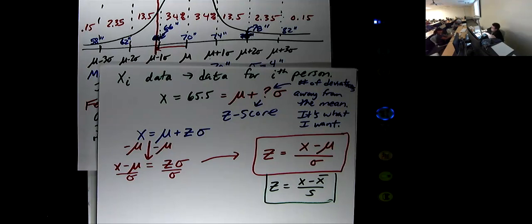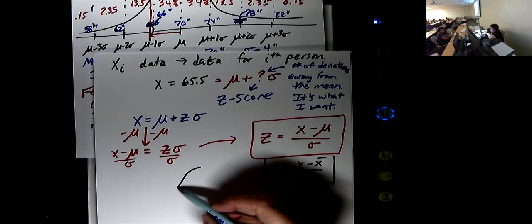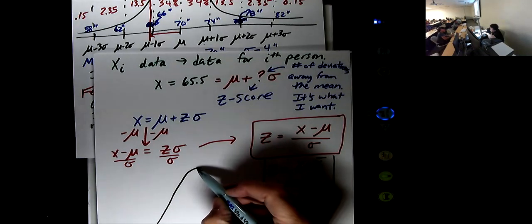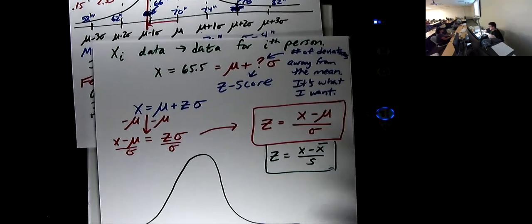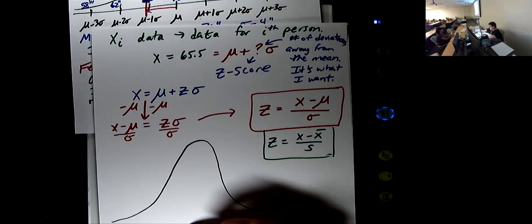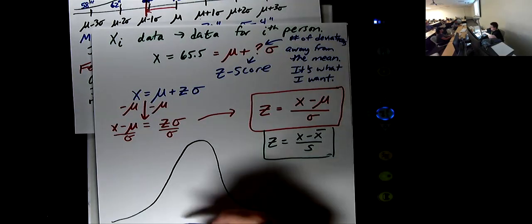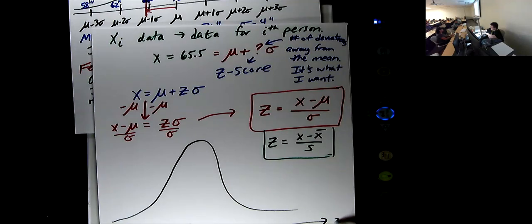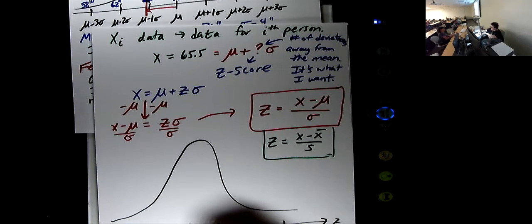If I do this, I can make a brand new graph where what we have on the bottom is Z's, and 0 is the center value, and they go up and down by whole numbers.